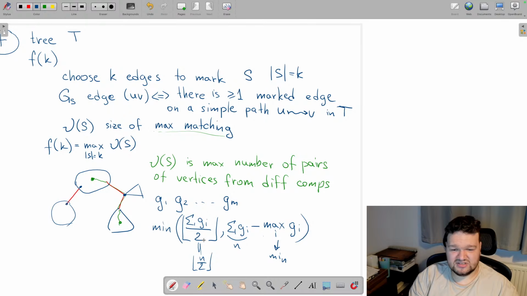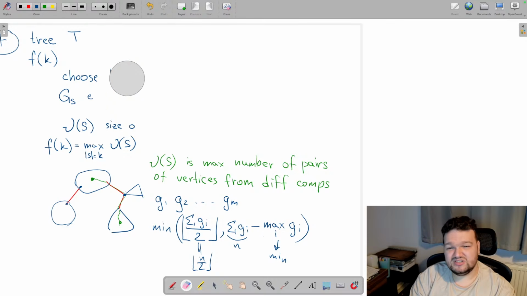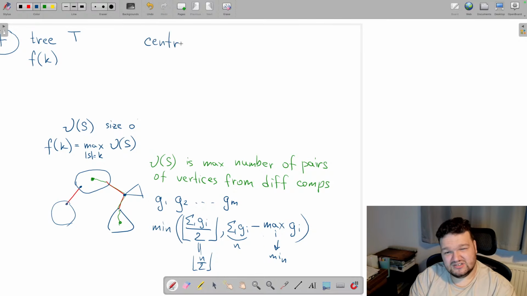And to do this, well, you kind of need to know something about trees. It would be super helpful to know what a centroid of a tree is.